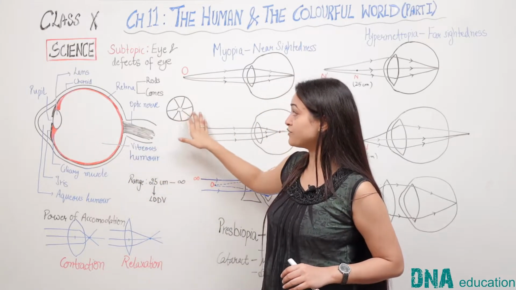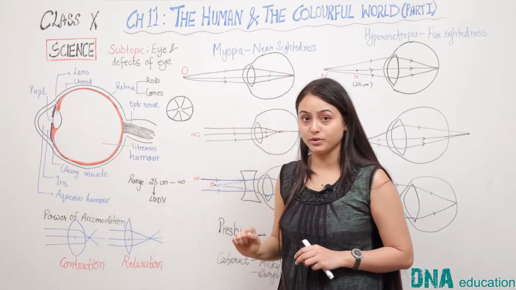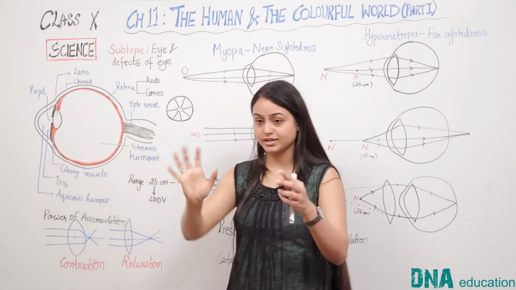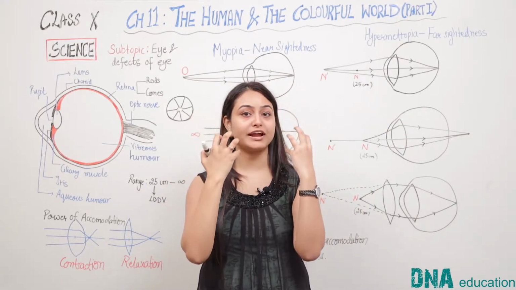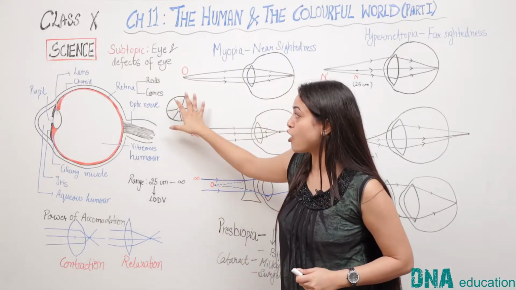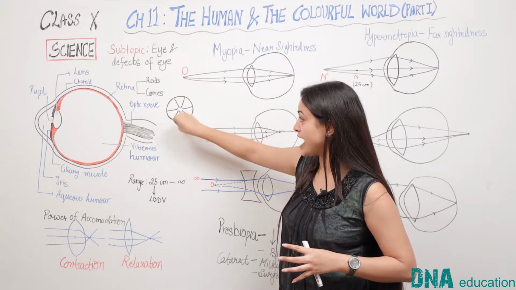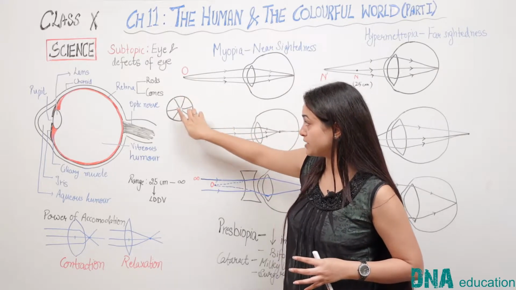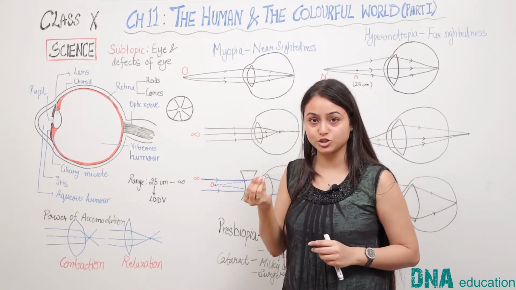Now there is a specific function of the iris, that it controls the size of the pupil, that is the size of the aperture. For example, when there is very bright light and a large number of light rays are entering into our eyes, then the muscles of the iris contract and reduce the size of the aperture so that fewer light rays enter into our eyes.